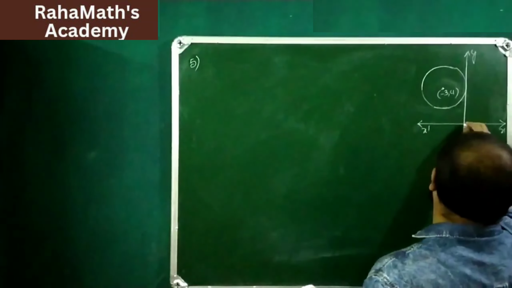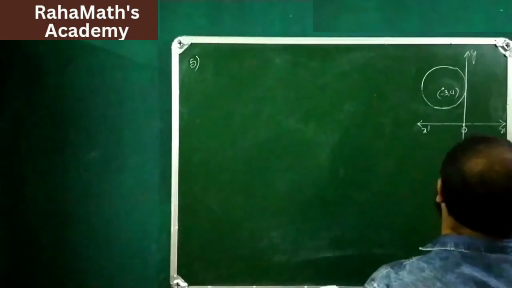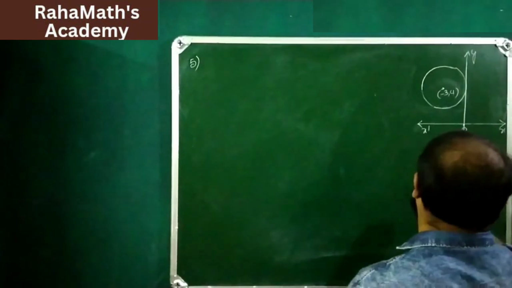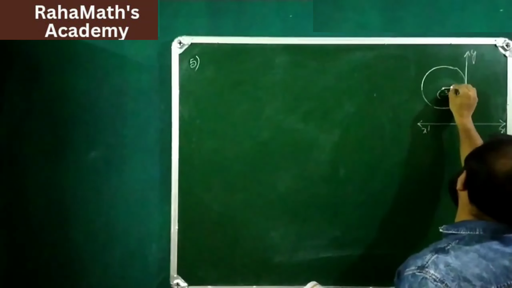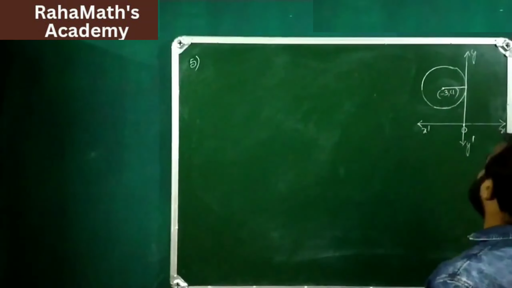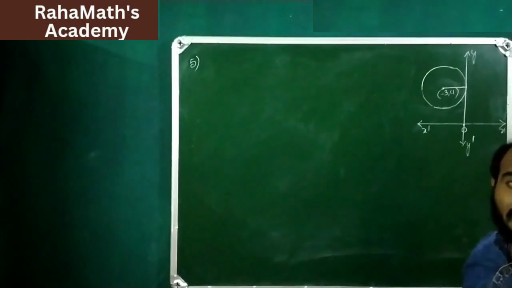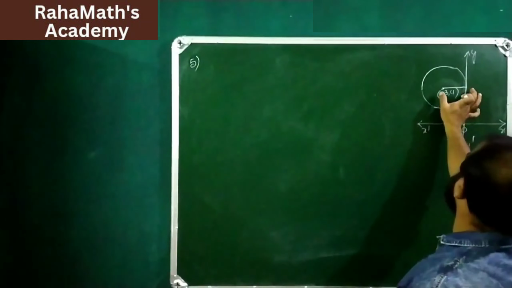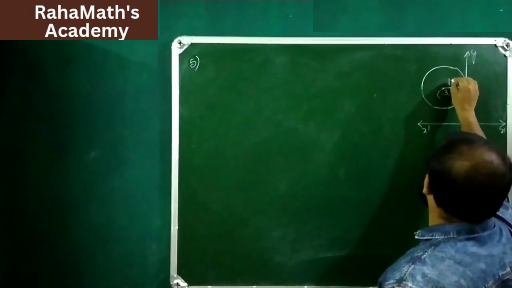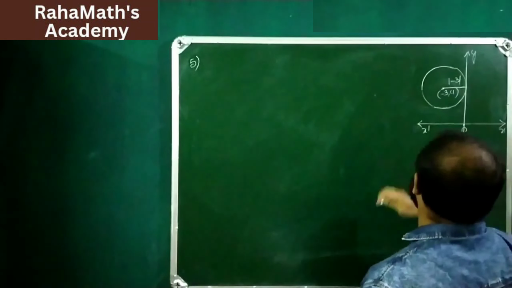So this is the origin. And this distance clearly gives us the radius of the circle. So what is this distance? Modulus of minus 3.